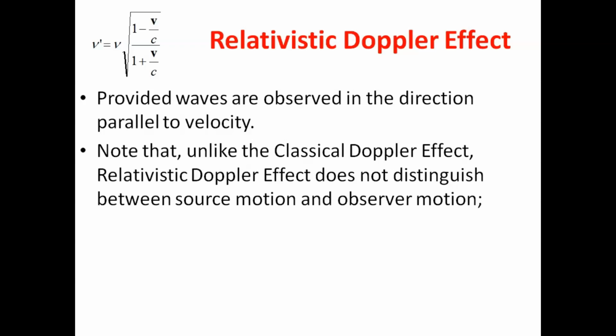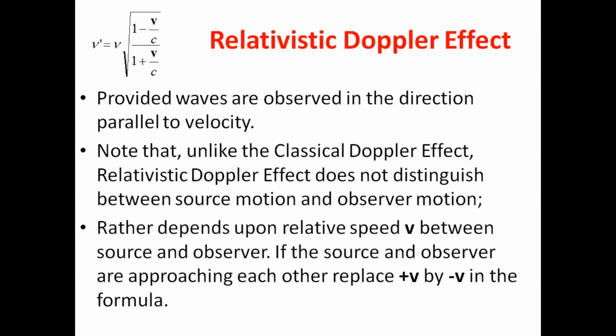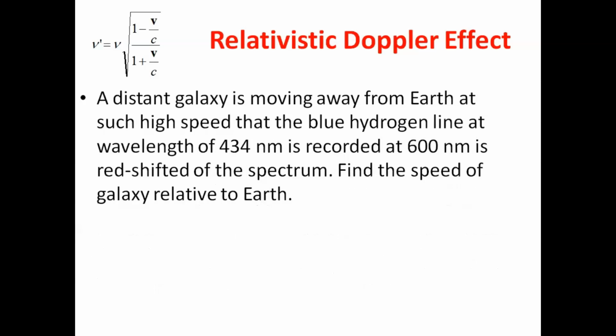Note that unlike classical Doppler effect, relativistic Doppler effect does not distinguish between source motion and observer's motion. Rather, it depends upon the relative speed between source and observer. If the source and observer are approaching each other, then we use plus v, and in case they are going away from each other, we should use minus v. Now let us explore this formula.